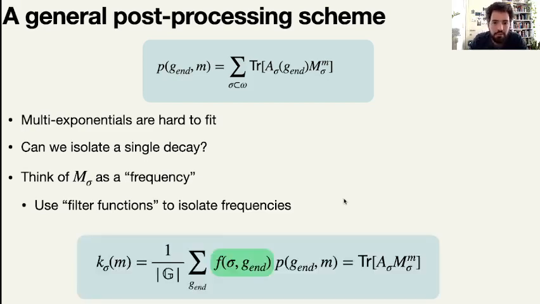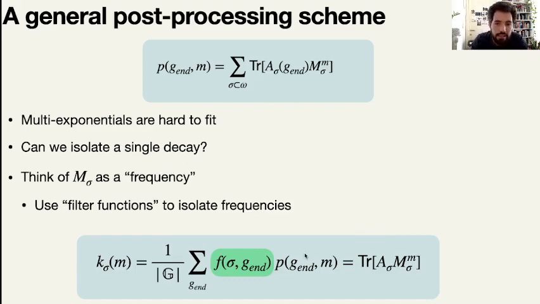And in particular, you can take the inner product or the average over end gates with some other function that depends on your irreducible representations. And if you pick this function right, and I'll get into this, you can exactly isolate one of these exponentials, which is hopefully, if you pick your multiplicities right, going to be a single exponential. And then you can fit it rigorously.